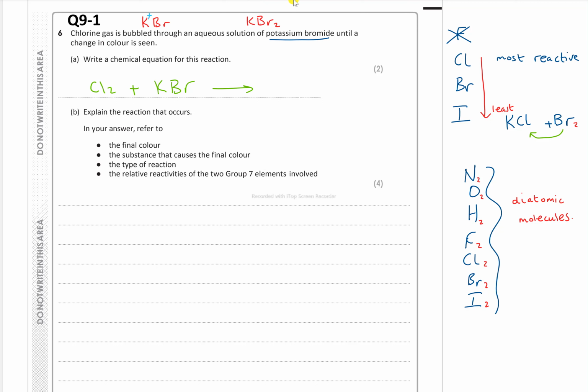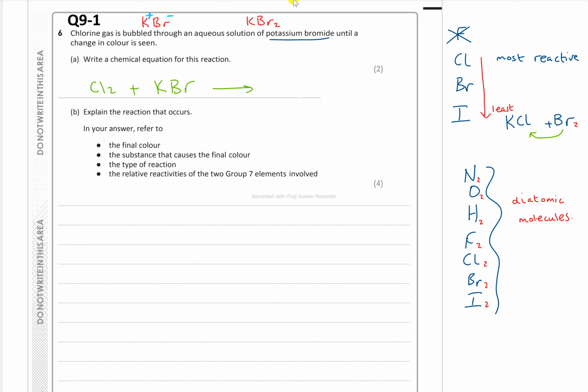Bromine forms a negative 1 ion because it's group 7. So plus 1, minus 1, they're both 1s in size. We can ignore them. That's why you end up with potassium bromide that way and not that way.